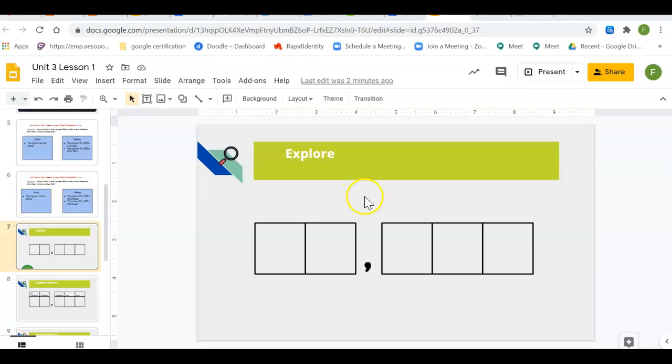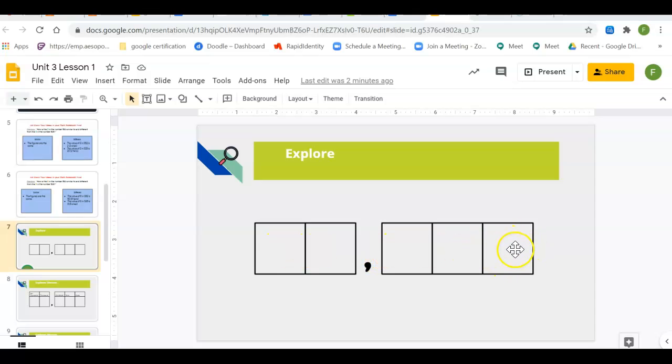So on our next slide, I've got a drawing. This actually represents a multi-digit number. So just imagine that there are numbers inside of here, but there are blank spaces, but this represents a multi-digit number. And we're going to figure out what each place value represents for each one.